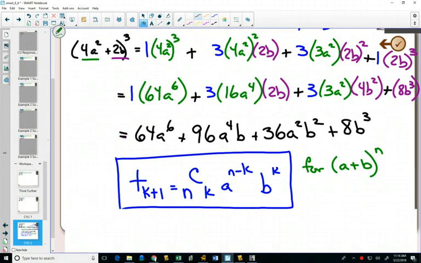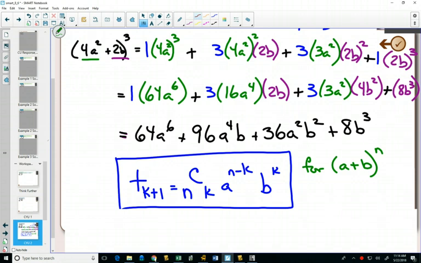So the a stands for our first term, the b stands for our second term, and the n stands for our exponent. But that's not on your formula sheet. So you will have to remember that the a stands for your first term, the b stands for your second term, and the n stands for your exponent. And what this formula does is it finds specific terms.